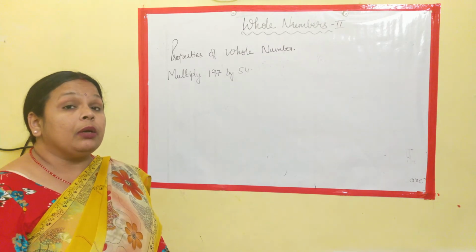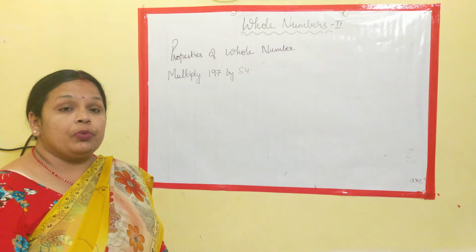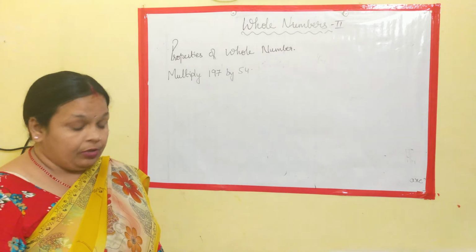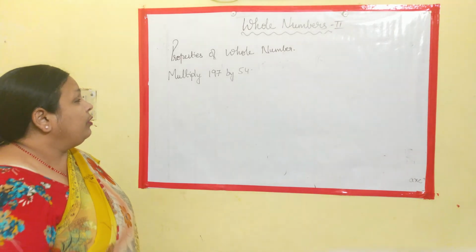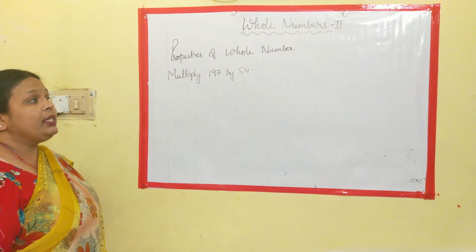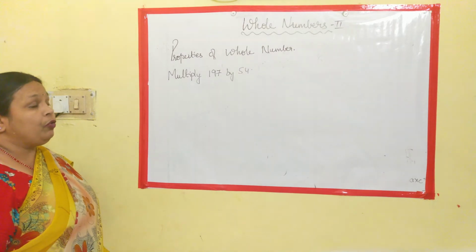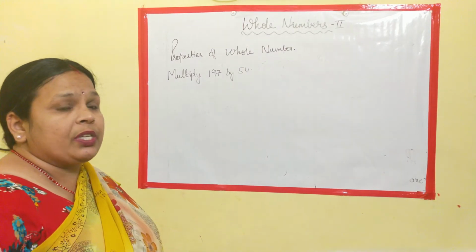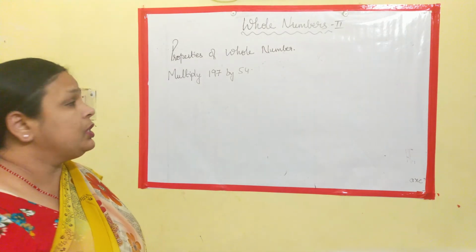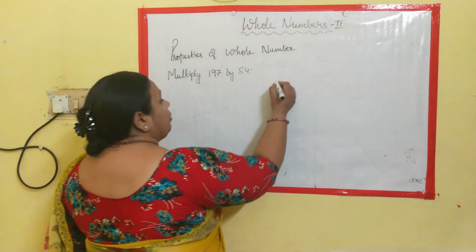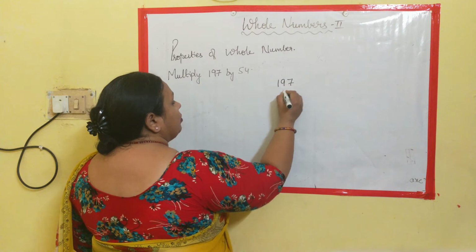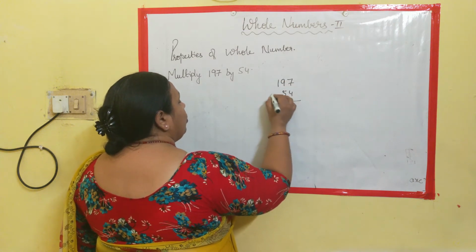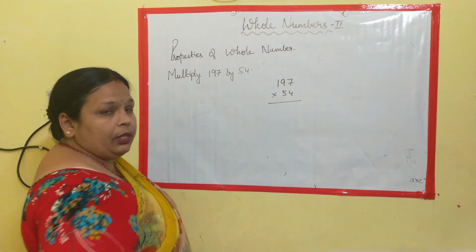We will see some applications of distributive property over multiplication. Now, if you see on the board, this is 197 by 54. You need to multiply. You have already done this in your previous classes as a 3-digit number and 2-digit number.